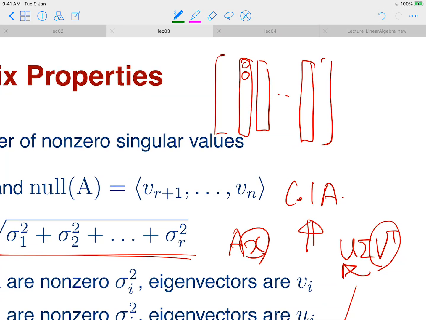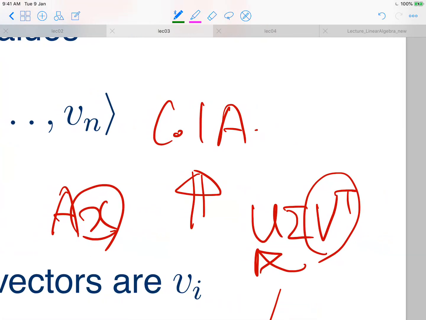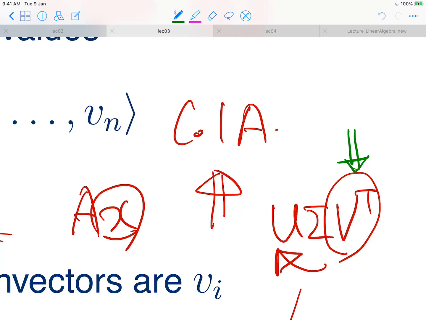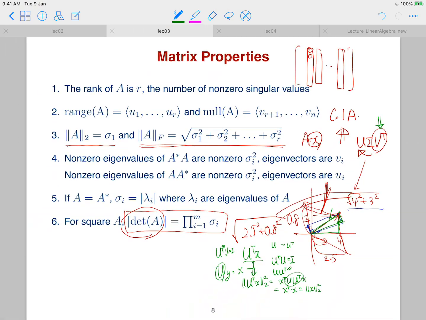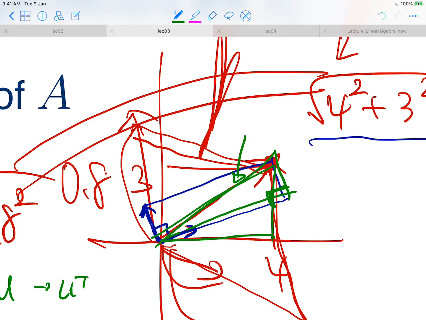Okay, and then let's think of this V transpose, okay? V transpose, which is the orthogonal matrix, and it's like the transformation that I just described over here, which maintains the squared sum as the same as the input.